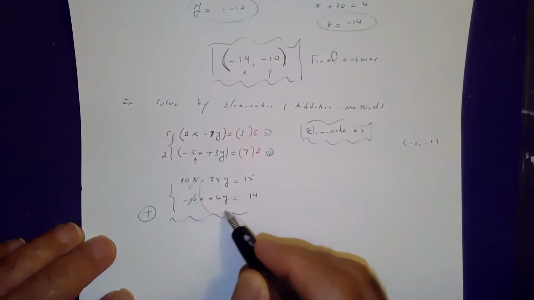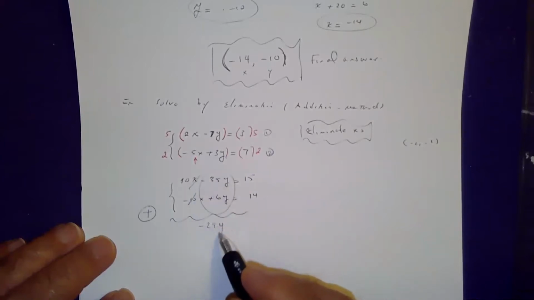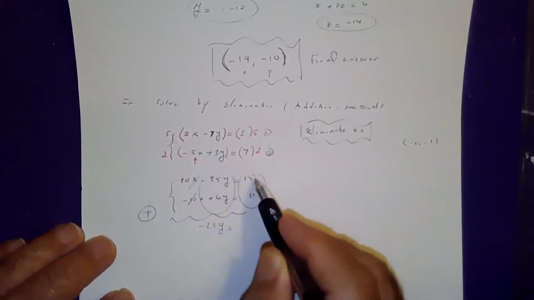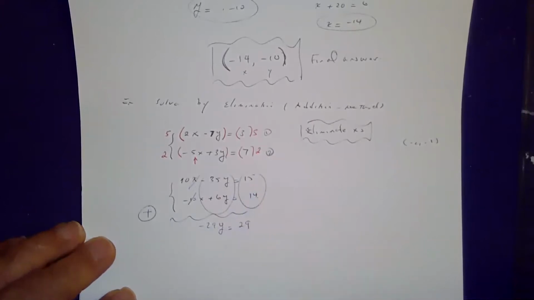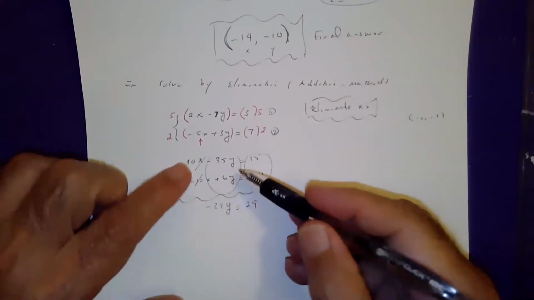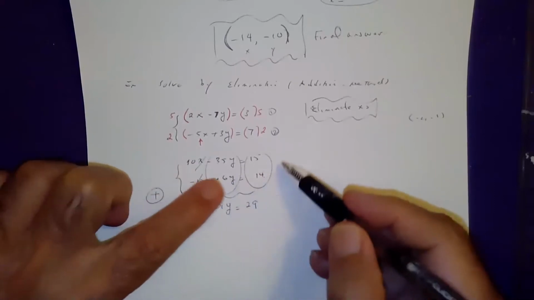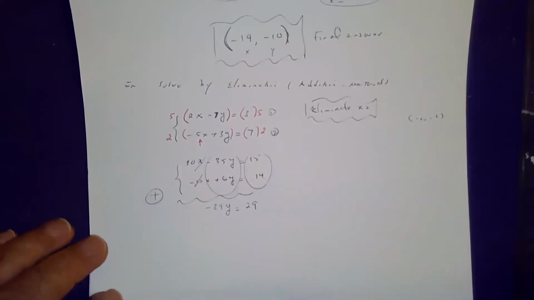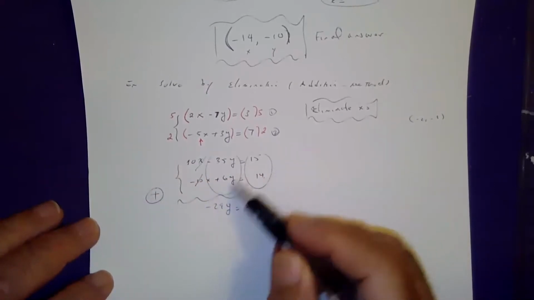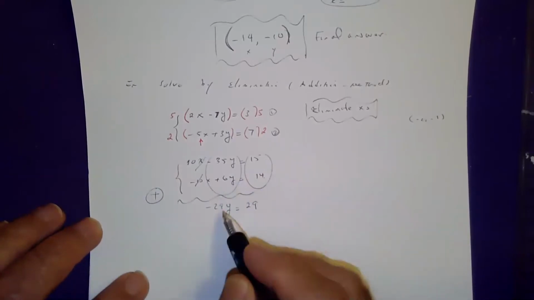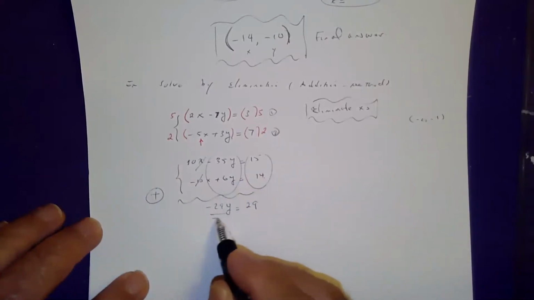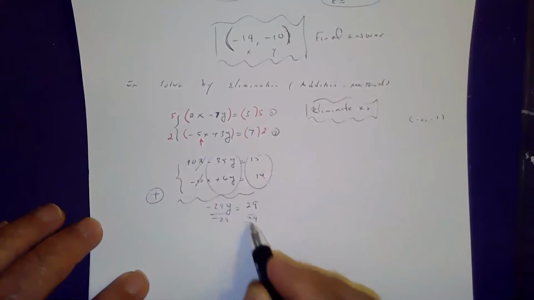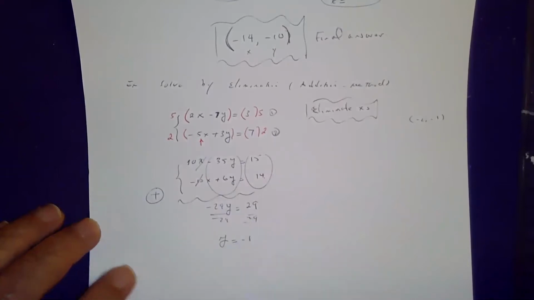And these guys would be negative 29y is equal to what? 15 plus 14 is 29. So remember, that's what we mean by add the left side and the right side. And that in turn means add up the equations. When you divide both sides by negative 29, lo and behold, y is equal to -1.